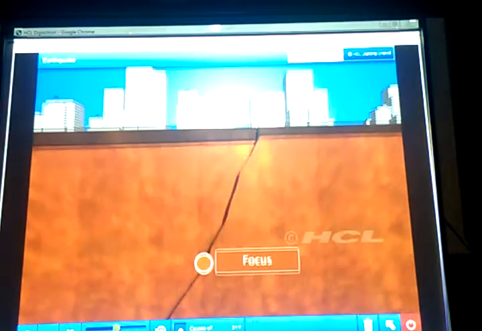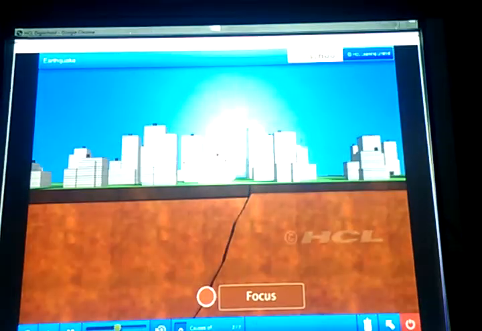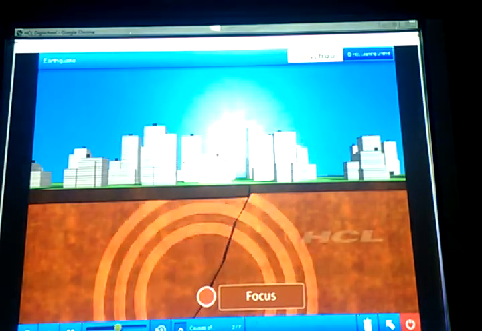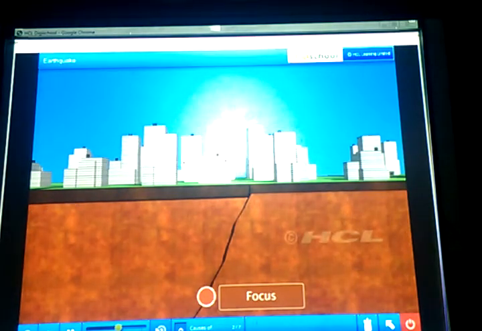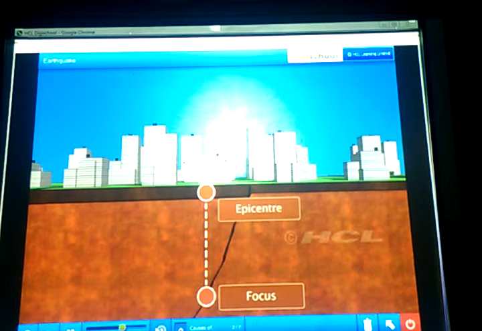When these waves reach the surface of the Earth, we experience a tremor. This tremor usually lasts for a very short period of time. The point on the Earth's surface that lies directly above the focus is called the epicenter.